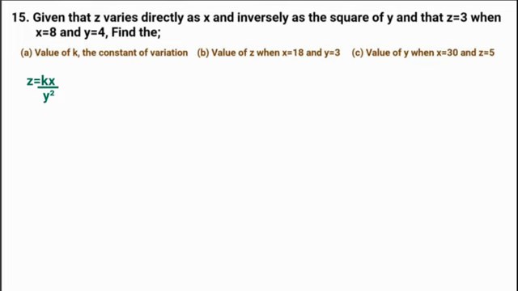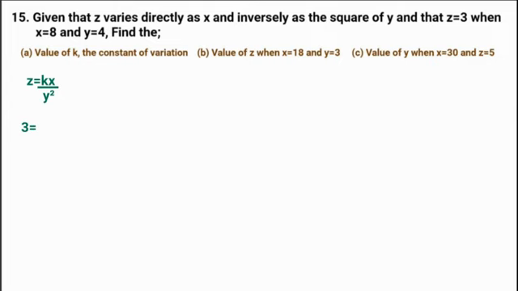Now once we have done this, we can find the value of the constant of variation, which is k. The value of z is 3 from the statement, so we write 3 is equal to k.